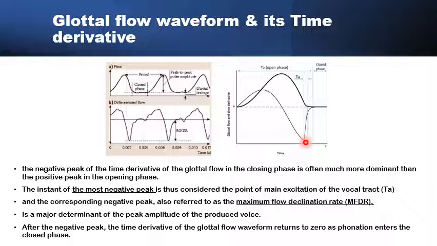The instant of the most negative peak is considered the point of main excitation of the vocal tract. And the corresponding negative peak in here is referred to as the maximum flow declination rate. This is a determinant measure of the peak amplitude of the produced voice.